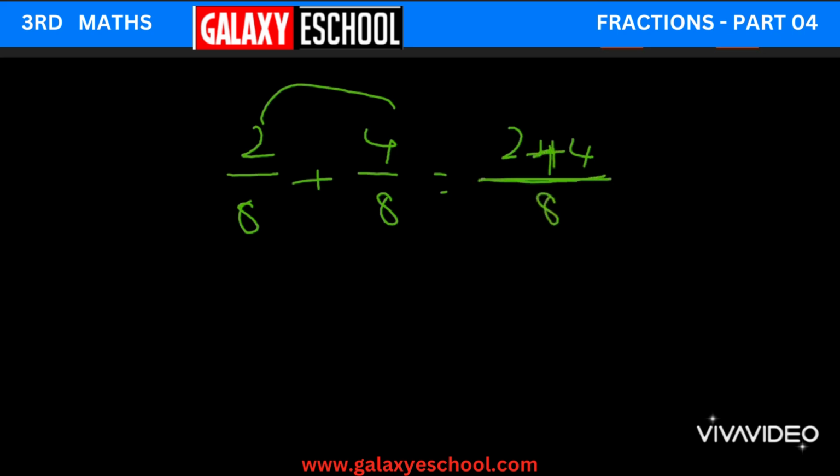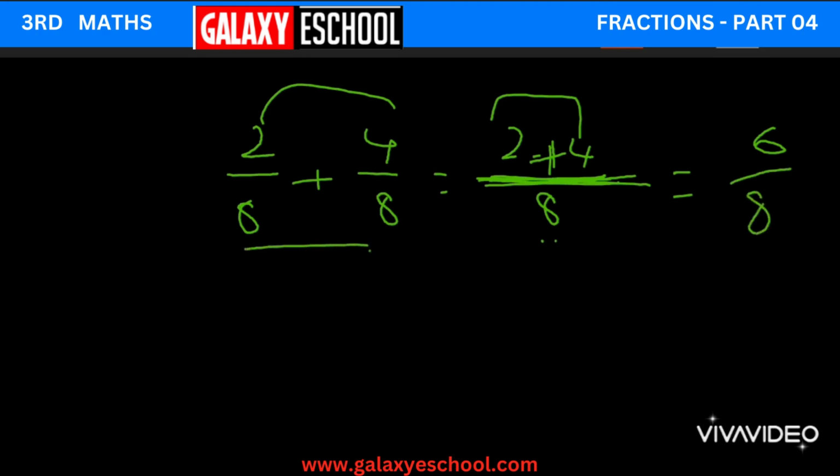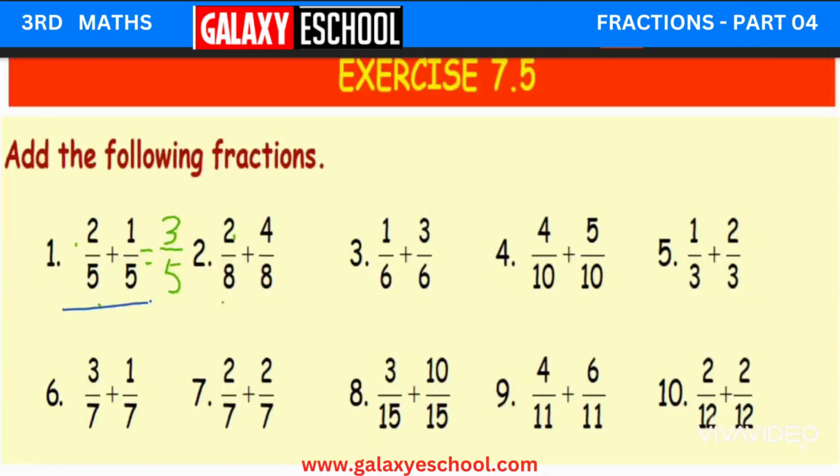Okay children, remember to keep this line for the sum, the whole sum divided by our denominator. 2 plus 4 is equal to 6 divided by our common denominator 8. So 2 by 8 plus 4 by 8 is equal to 6 by 8.